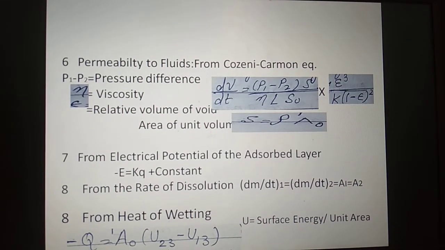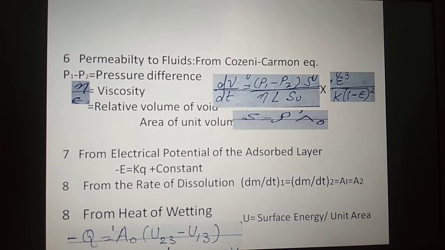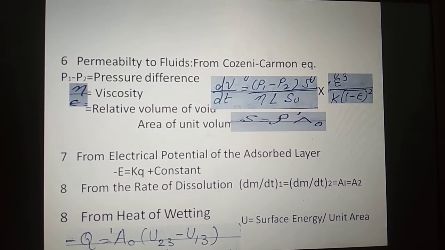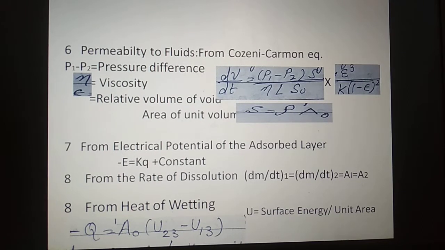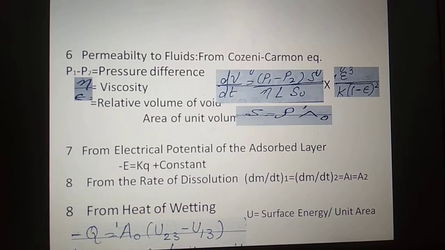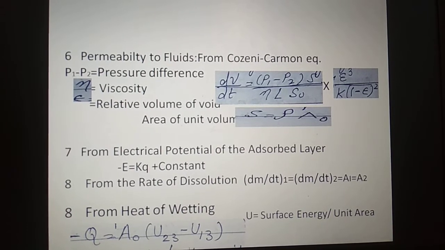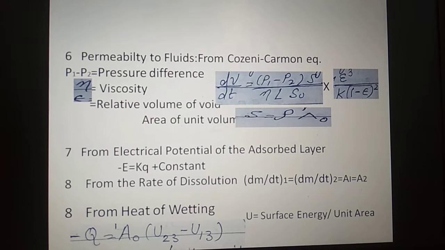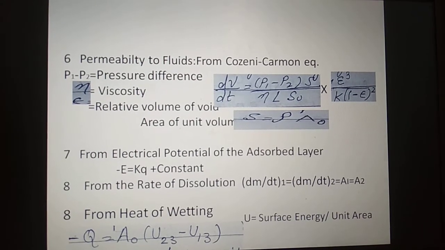Eighth method is from the rate of dissolution. A very thin layer of a liquid in contact with a soluble solid very soon becomes saturated, that is, acquires the concentration C0 equal to solubility of solid.